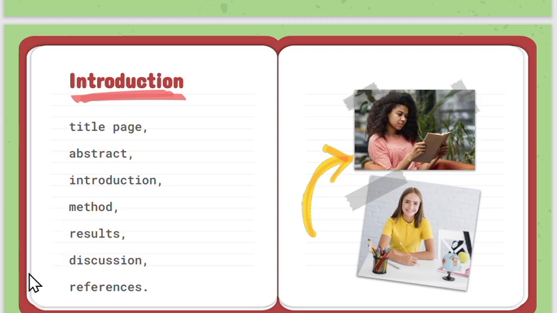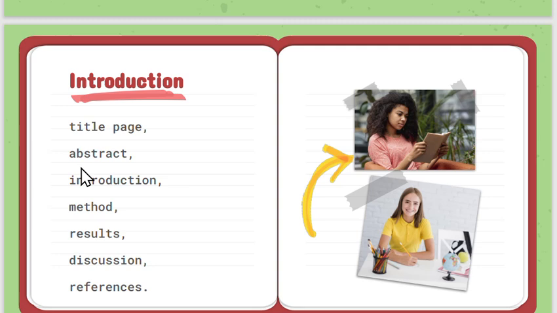Each part of the research paper plays an important role in order to produce a good research paper. For example, the title page provides essential details about the research topic. The abstract summarizes the paper.